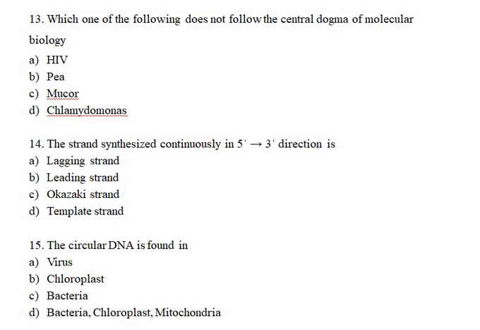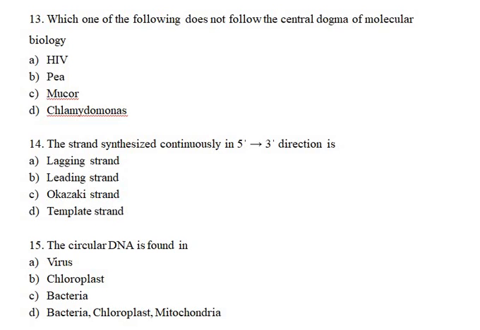Coming to question number 15. The circular DNA is found in A, virus, B, chloroplast, C, bacteria, D, bacteria, chloroplast and mitochondria. So circular DNA is present in bacteria, chloroplast and mitochondria. Chloroplast and mitochondria are usually called semi-autonomous organelles.